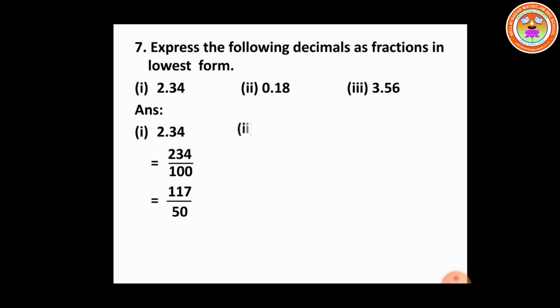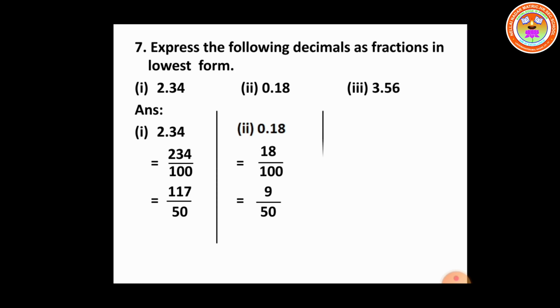See the second subdivision, 0.18 is given, so it also has two decimals, so we write the denominator as 100. 18 divided by 100. Both are cancelled by 2. 9 2s are 18, 50 2s are 100. So dividing by 2 we get 9 by 50.